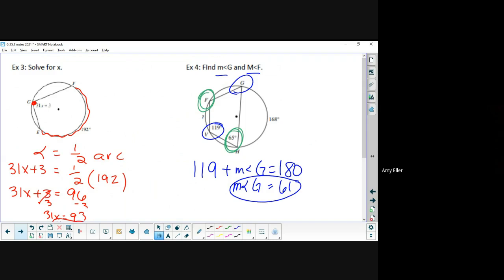So those two have to add to 180. The measure of angle F plus 65 adds to 180. Subtract 65. I would not require work for those. I would definitely require work for number 3.